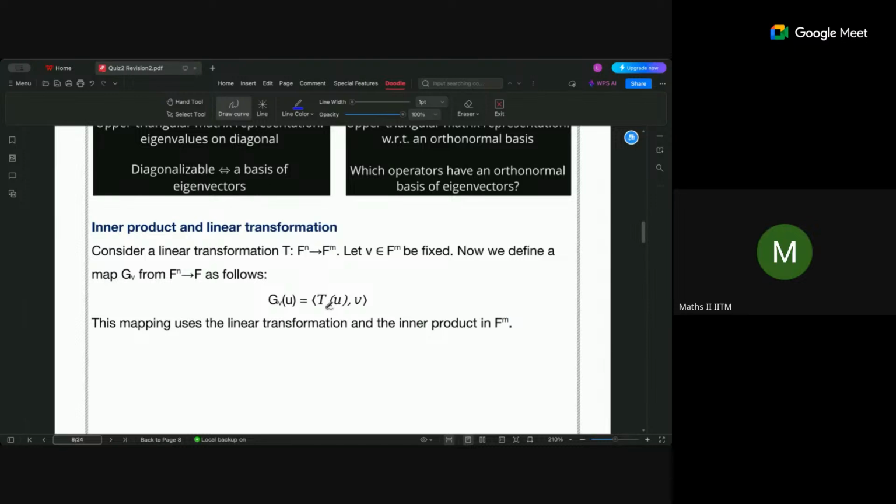So the next thing we are doing is defining a map g_v from F^n to F. So now g_v we are defining, where is this u? u is from F^n to F. So g_v is a map from F^n to F and we are defining it this way. All linear maps from F^n to F are called linear functionals. So now this is a linear functional.